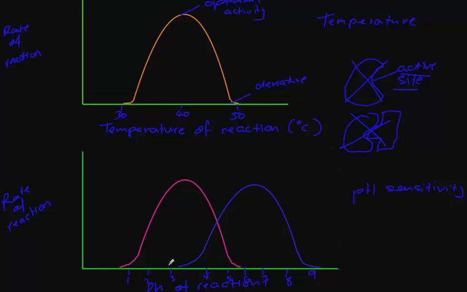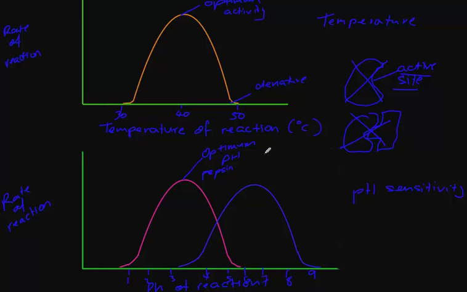Very crudely there. So we have two different enzymes, and this is our optimum range for this enzyme, the optimum pH, and we'll call this enzyme pepsin. Pepsin works within the stomach of the digestive system and ultimately needs to function much better at lower pHs.